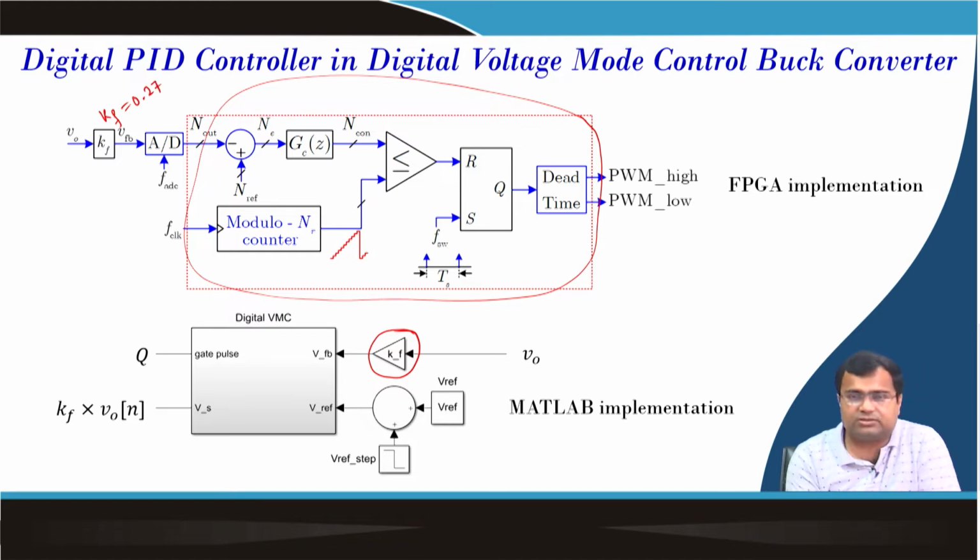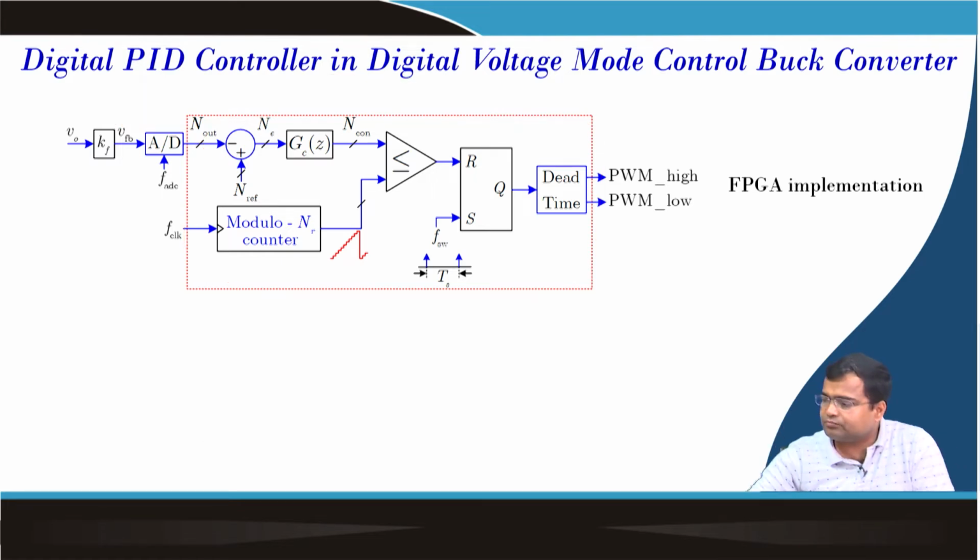So, as the first step we are incorporating the feedback gain, and accordingly you have to select the reference voltage, because earlier, when there was no feedback gain, the reference voltage was the one where you exactly wanted the output voltage. Now, you have to consider the scaling factor also.